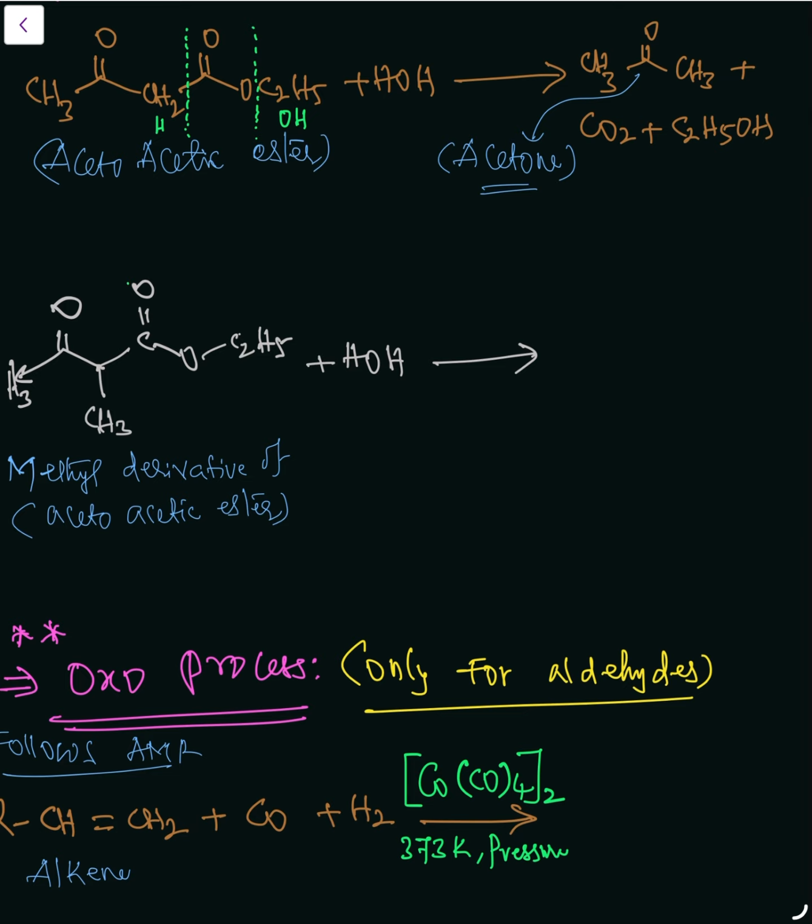Here also, where addition of H2O takes place, first CO2 elimination takes place like this, then here hydrogen is added, here OH is added, CH3 C double bond O, here CH3 is there, right, CH3, then CH2 CH3, C double bond O CH, right, CH2, that is.